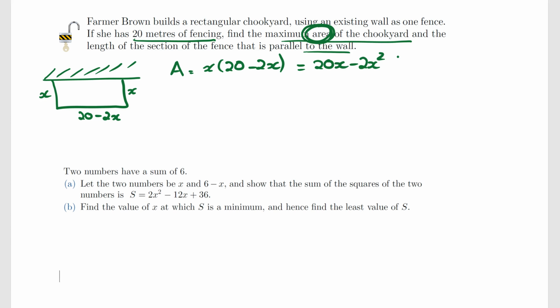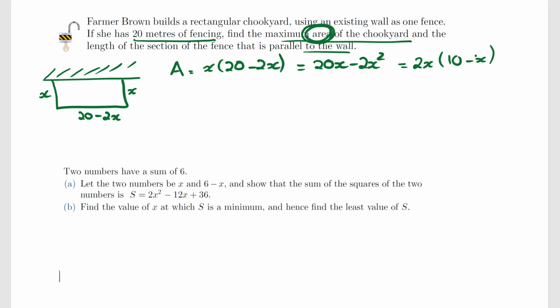Once we've done that, we're really over the hardest part. We can see that this is a parabola which is concave down, and that parabola is going to have two roots. The two roots come from 2x outside of 10 minus x, so x equals 0 or x equals 10 are the roots.